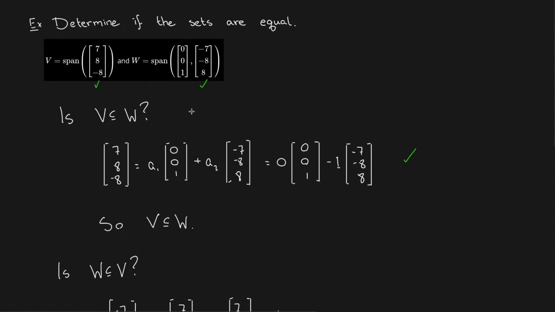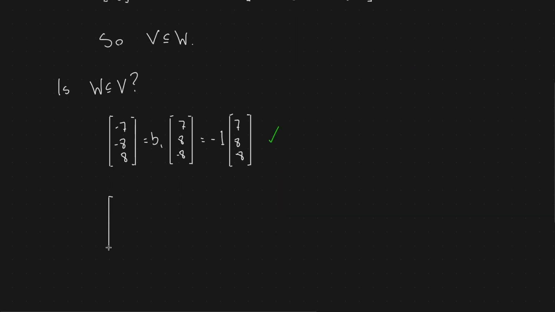Okay. So this one and this one work. What about this vector here, 0, 0, 1? Can I express 0, 0, 1 as a linear combination of 7, 8, negative 8? Well, in order to do that, I need 0 up top in the first entry. So something times 7 needs to be 0. That would mean this has to be 0, right? So B2 has to be 0. But if B2 is 0, that means 0 times this would be 0 for the whole vector. 0, 0, 0. I want 0, 0, 1.